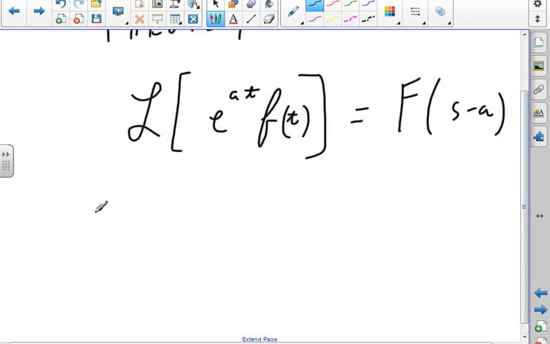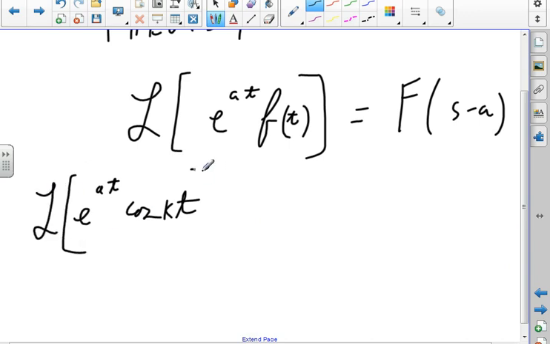Alright, so let's say I've got e to the at cosine kt, and I wanted to take the Laplace transform of it. That would mean I would look at the cosine of kt, and that's s over s squared plus k squared.